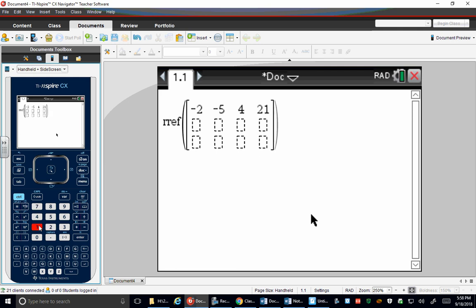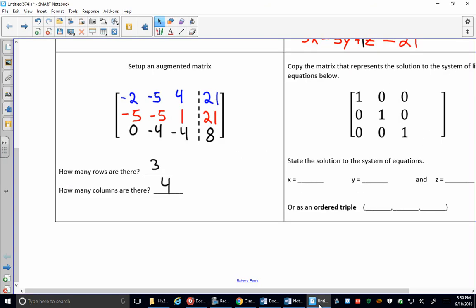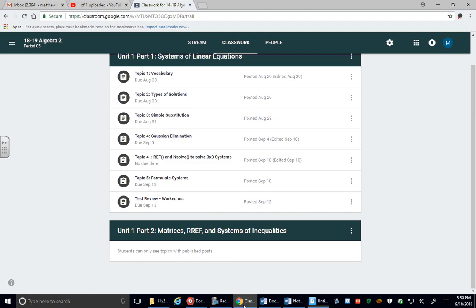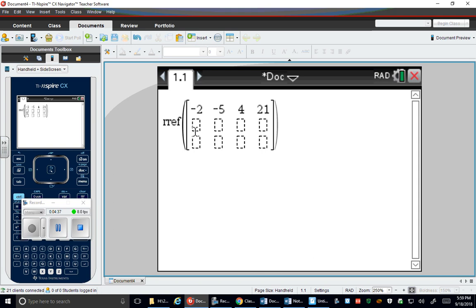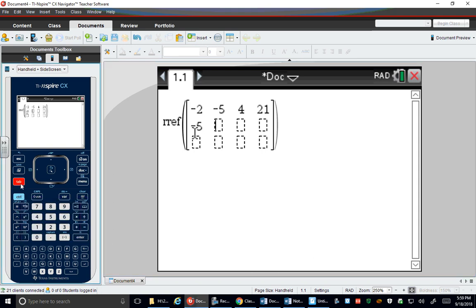Okay, yet again, let's go get that next row of numbers. And as we're putting them in, we're also checking that numbers and signs are correct and in the right locations. So -5, -5, 1, and 21. Whoops. All right, so -5, tab, -5, tab.